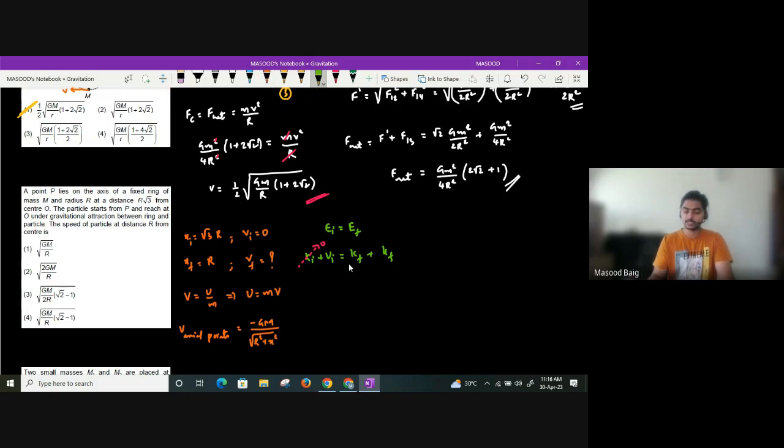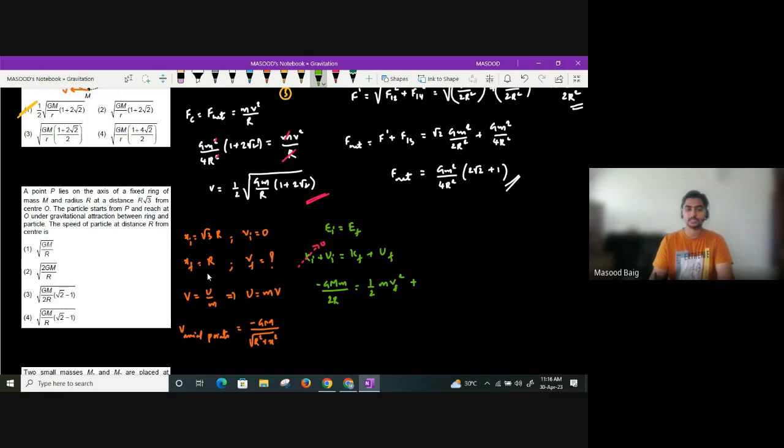So initially, where is it? At a distance x equal to root 3r. If I solve for this, you will get 4r square. Under root of 4r square will be 2r, guys. So what will I get here? Minus GMm divided by 2r. Finally, you can say half m v final square plus the final potential energy.